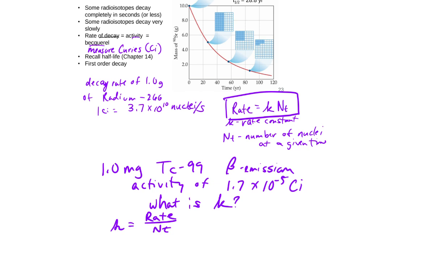And we have an activity. But we need to know rate. Okay? Rate is measured in curies, but we need to know the number of nuclei per second.